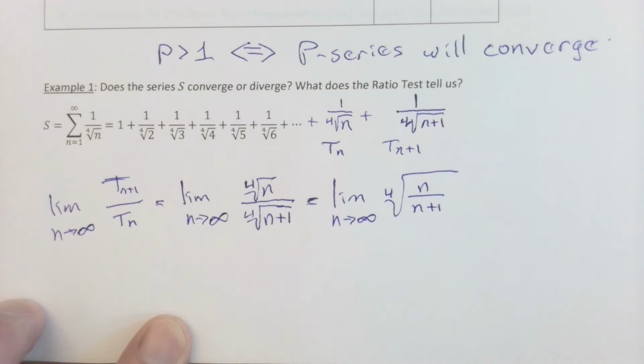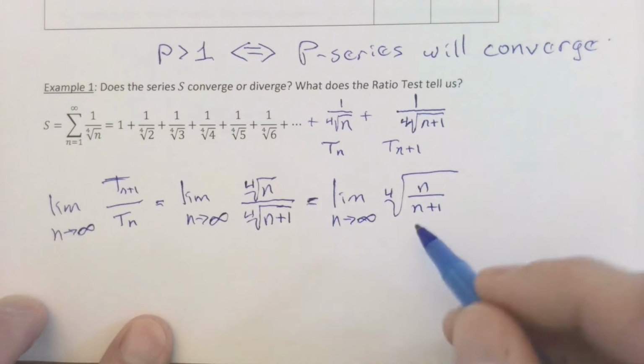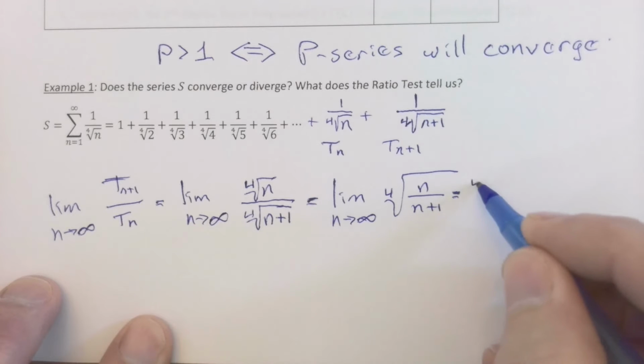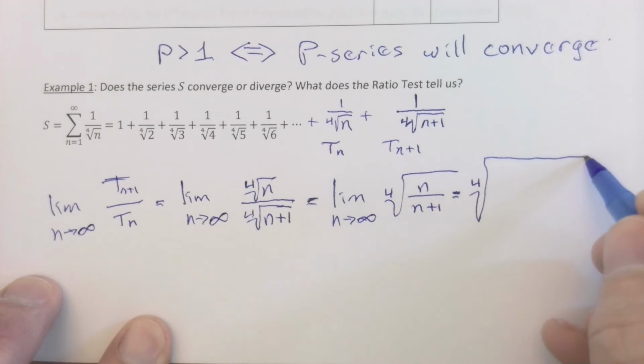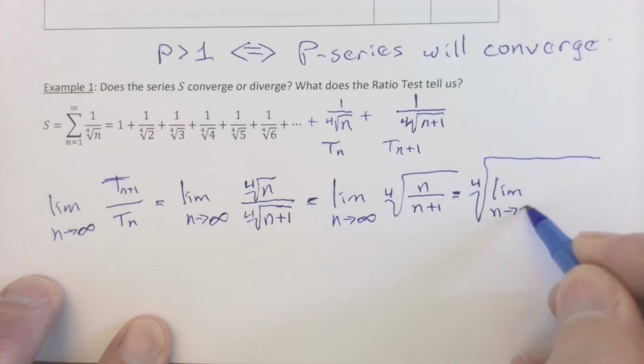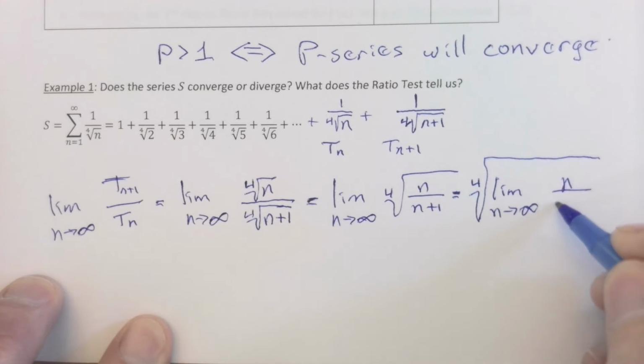And as long as we're talking about positive values of n, the 4th root is a continuous function, and so we can let the limit go inside the 4th root. That would look like this. 4th root of the limit as n goes to infinity of n over n plus 1.